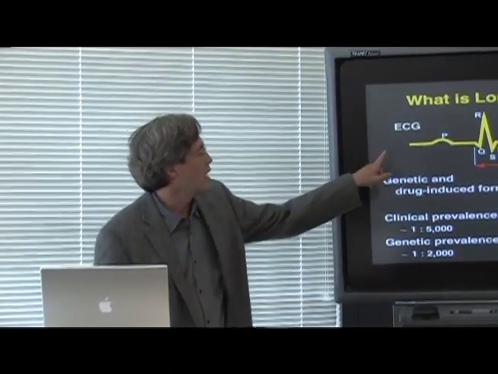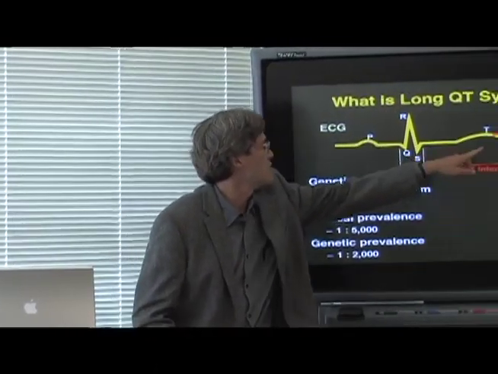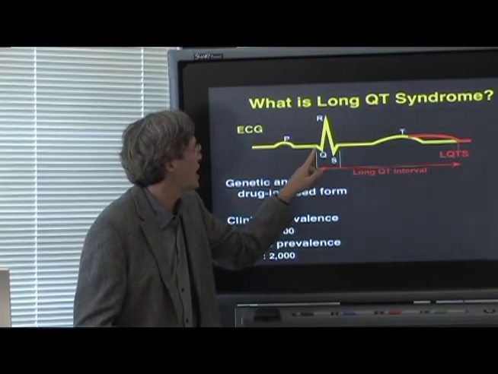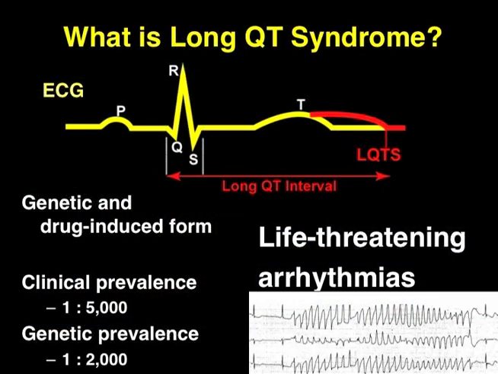All of you know what an EKG looks like in general, and all of these little waveforms are named. This is the Q wave here, QRS, and then here's the T wave. If the QT interval, as shown here, is longer than normal, you have a funny looking EKG.